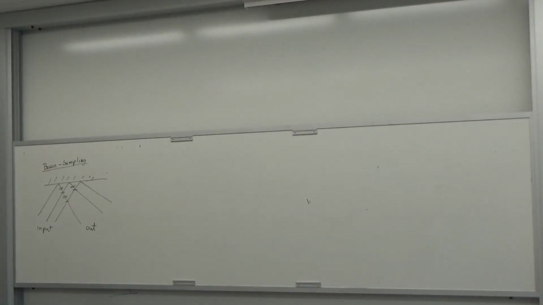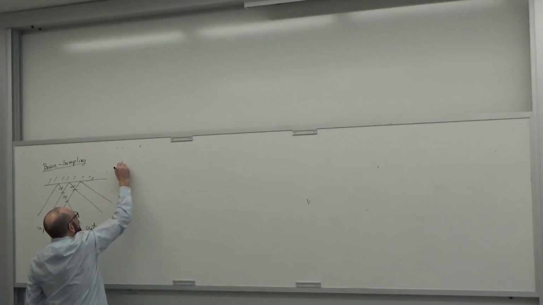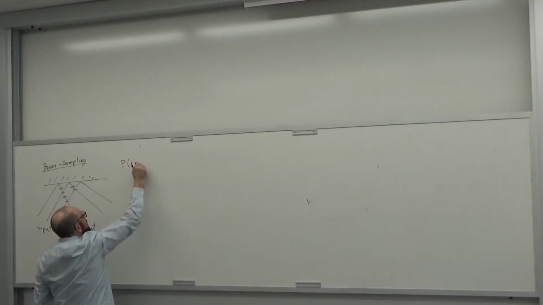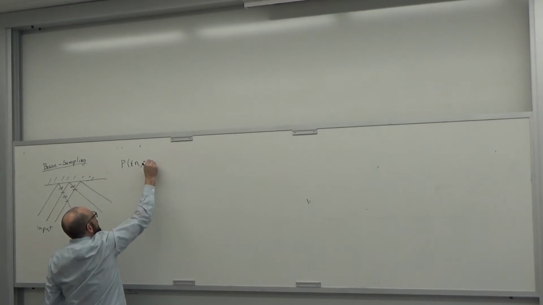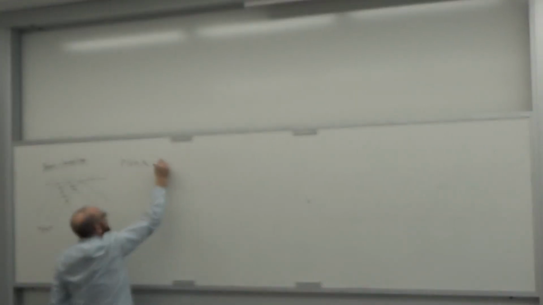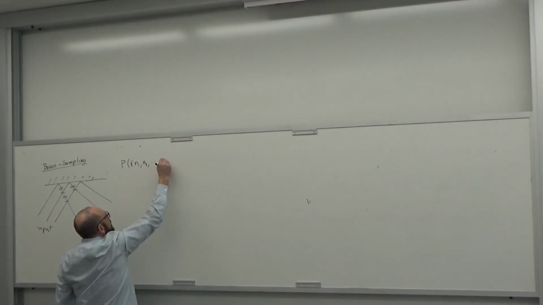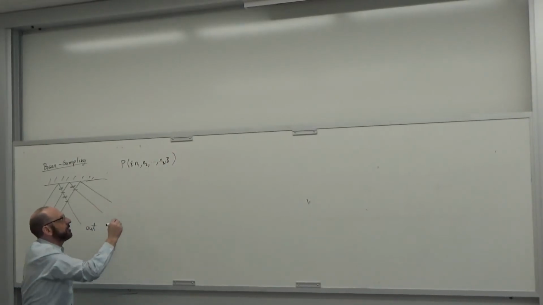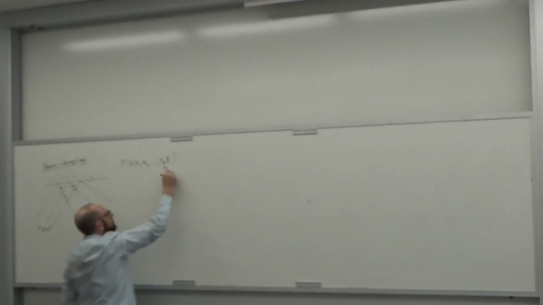And the boson sampling problem is the following. I have some probability of seeing some number of photons in each of the ends. So this is, say, n modes.